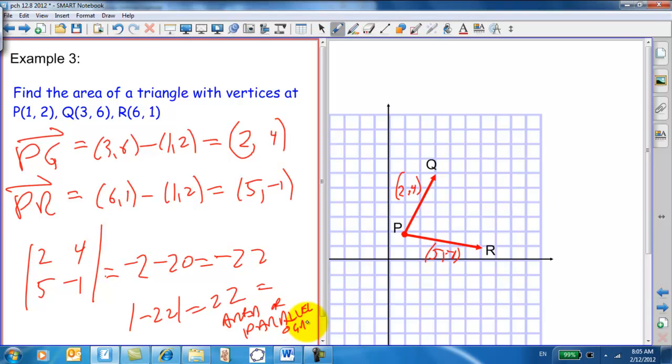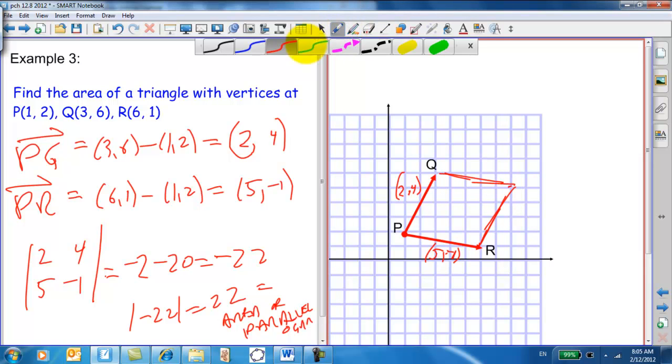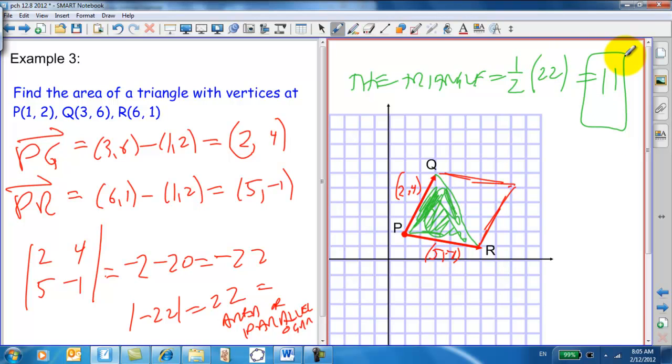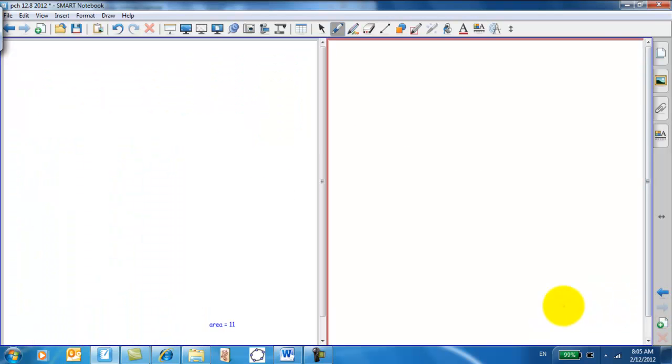So what we found was all this. But as you can see, we only want the triangle. So the triangle is like this, and it's only half the area of that parallelogram. Half of 22. And so we get 11 for our final answer.